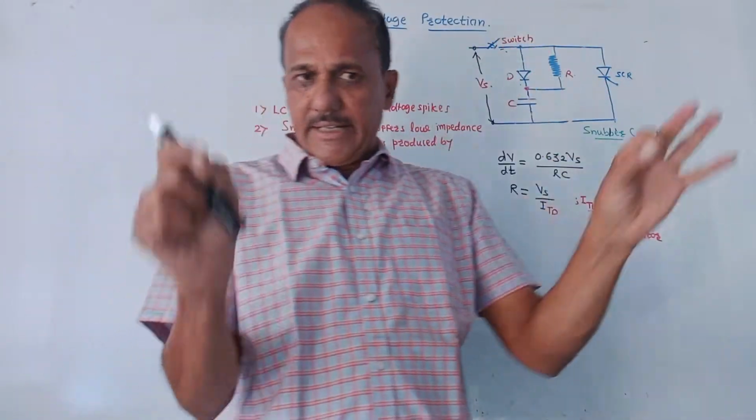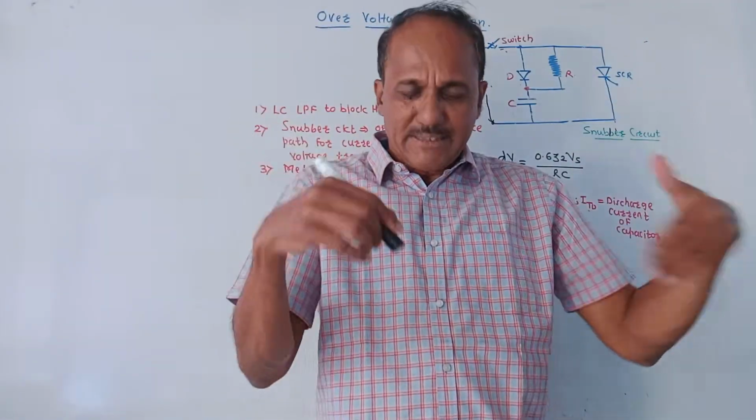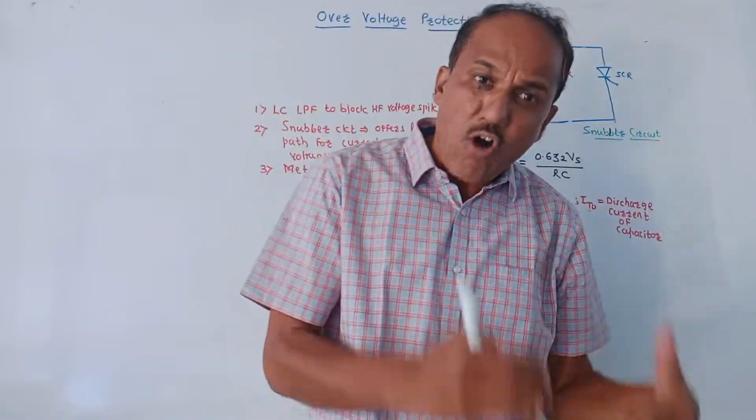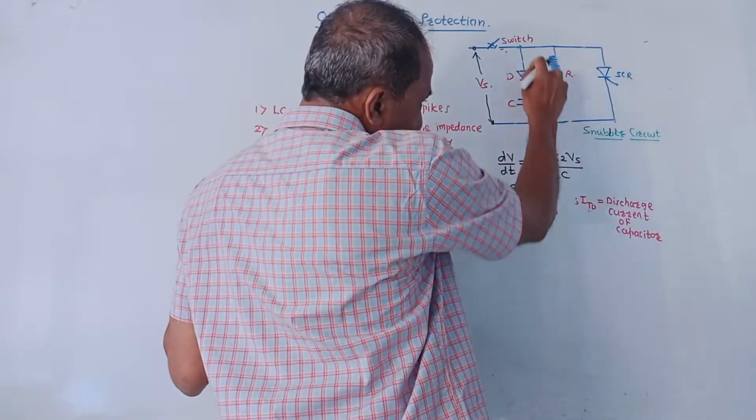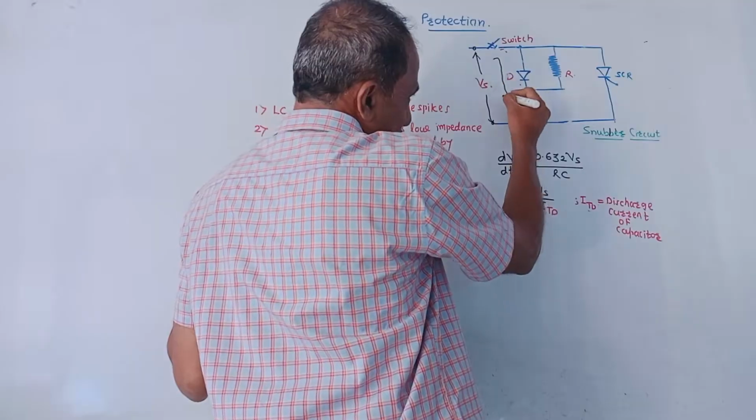Initially, let us say the SCR is in forward blocking mode, that means the SCR is in off condition. Whenever the SCR is off, the charging of the capacitor takes place through this diode.